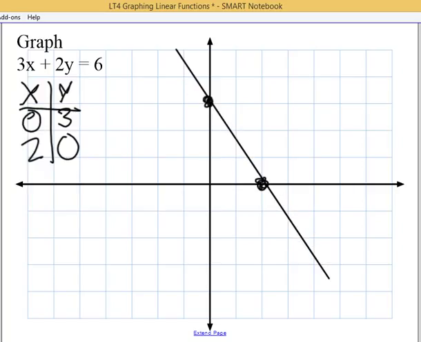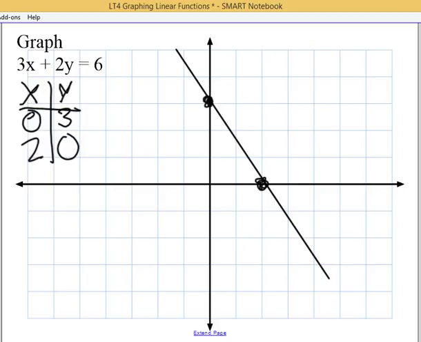So this is another way. By plugging in zeros into x and y, we can get 2 quick points, and through any 2 points can we draw the line. So there's 3 options we have here. 1, make a table, plug in a bunch of numbers, work it all out, and plot those points into a graph. The second way we could do this is through using slope-intercept form, figuring out what the m and the b is, the slope and the y-intercept, plotting those, and then we get our line.